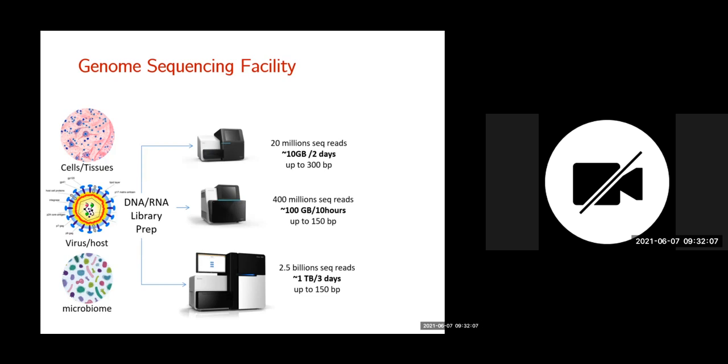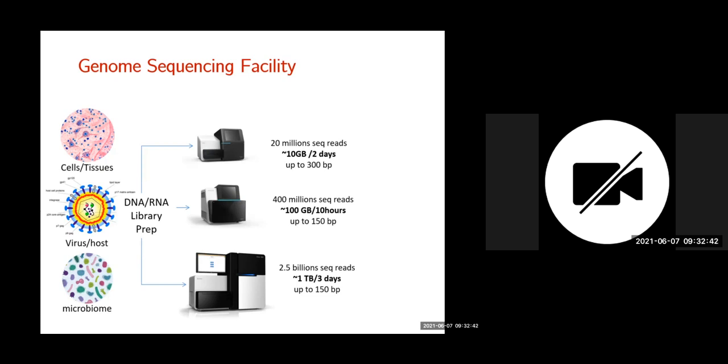And each read is about up to 150 base pairs. So you can multiply these two numbers. The human genome, as I just explained to you, is about 3 billion base pairs. So this machine is able to sequence about 100 human genomes in about 3 days and produce about 1 terabyte of data.